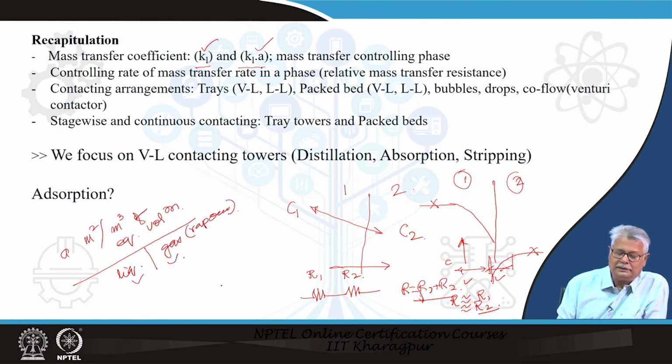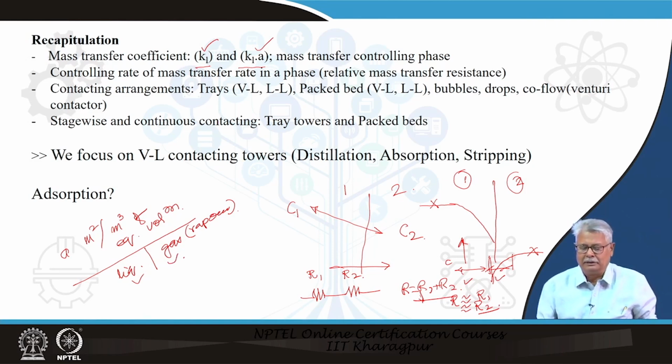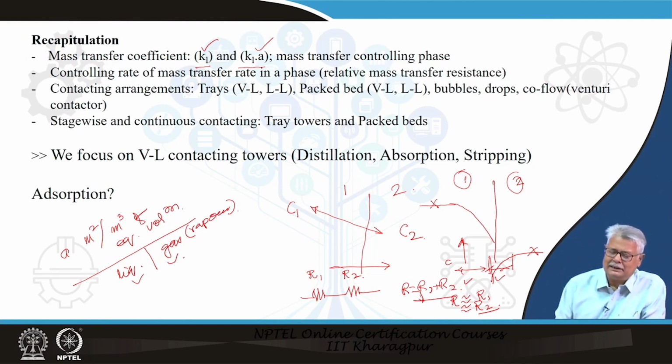Now, we think of implementing the mass transfer. Implementing the mass transfer is definitely by contacting the liquid and the gas phases. If it is a liquid-liquid system, it will be liquid-liquid phase contacting, but after all, the phases across which the mass transfer happens have to be contacted.